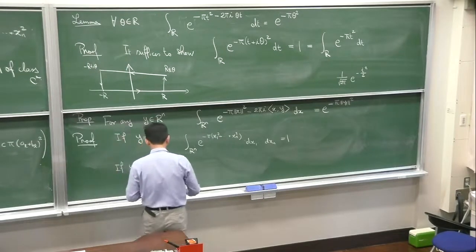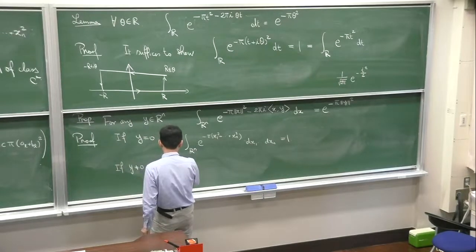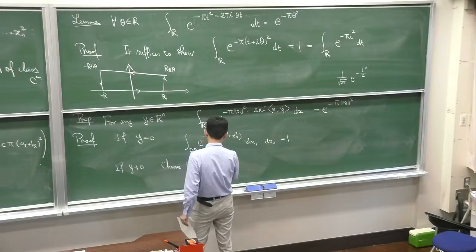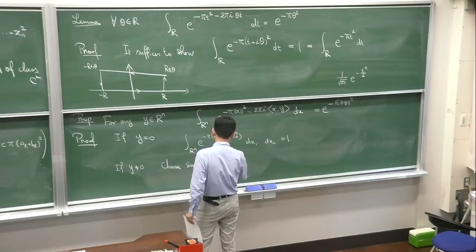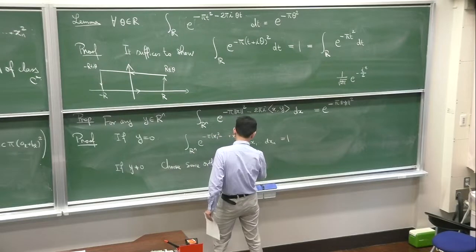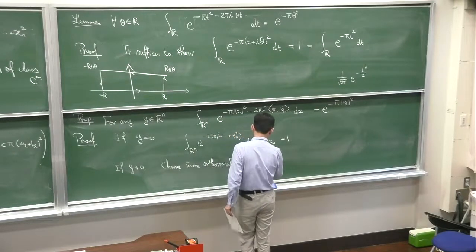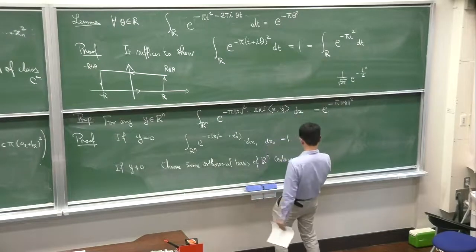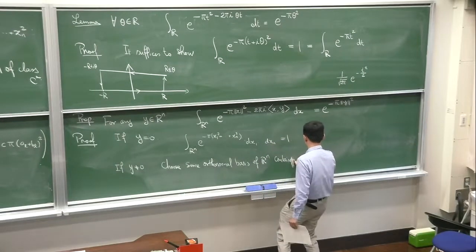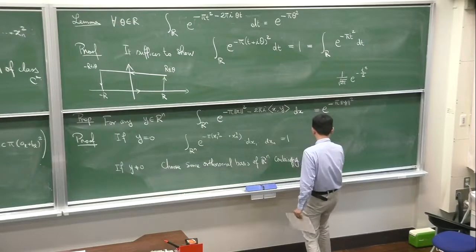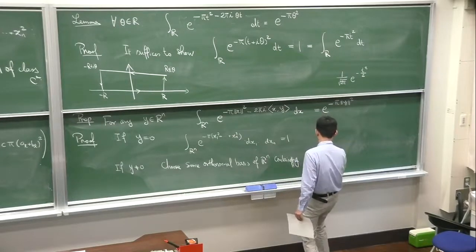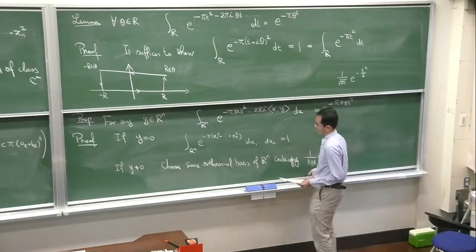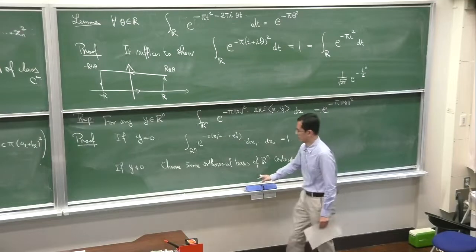If y is not 0, you choose an orthogonal basis of R^n containing 1 over the norm of y times y. You can always do this by Gram-Schmidt.